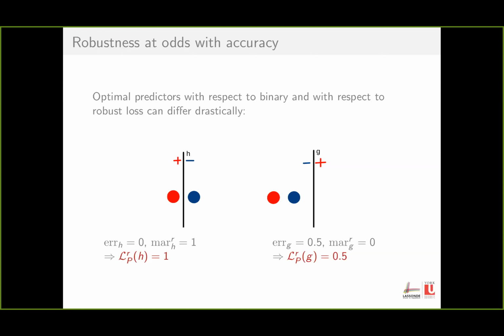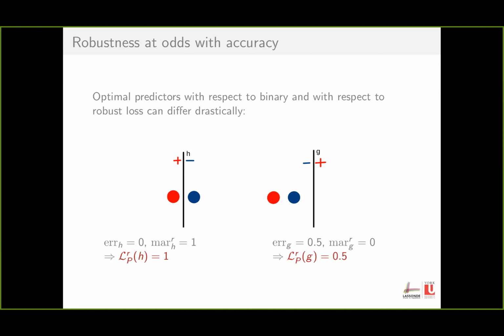we have robust loss 1, whereas a classifier that misclassifies all the points, but keeps a little bit more of a distance to the data generating distribution, actually receives an adversarial loss of 0.5. So the classifier on the right-hand side would actually be better in terms of adversarial loss.